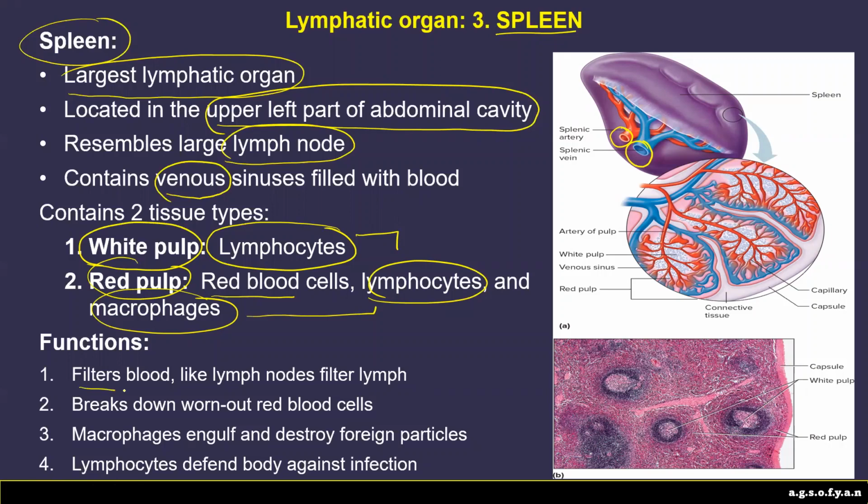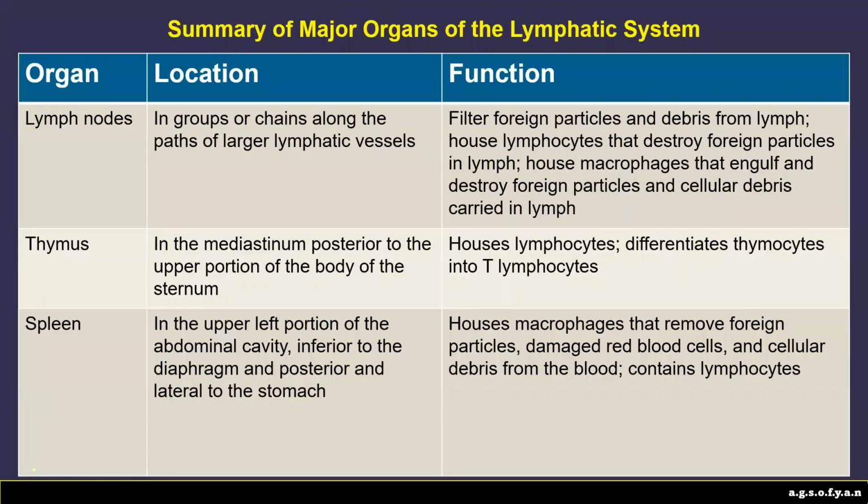So the function is to filter the blood, like the lymph node filters the lymph, break down the worn out red blood cells, and macrophages will engulf and destroy foreign particles, including maybe bacteria. Lymphocytes will defend the body against infection, including viruses. And so this is the function of the spleen.